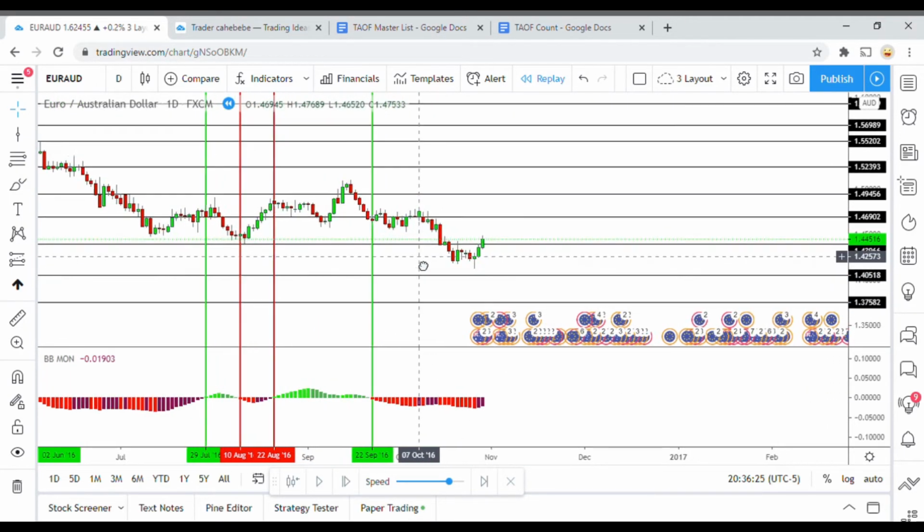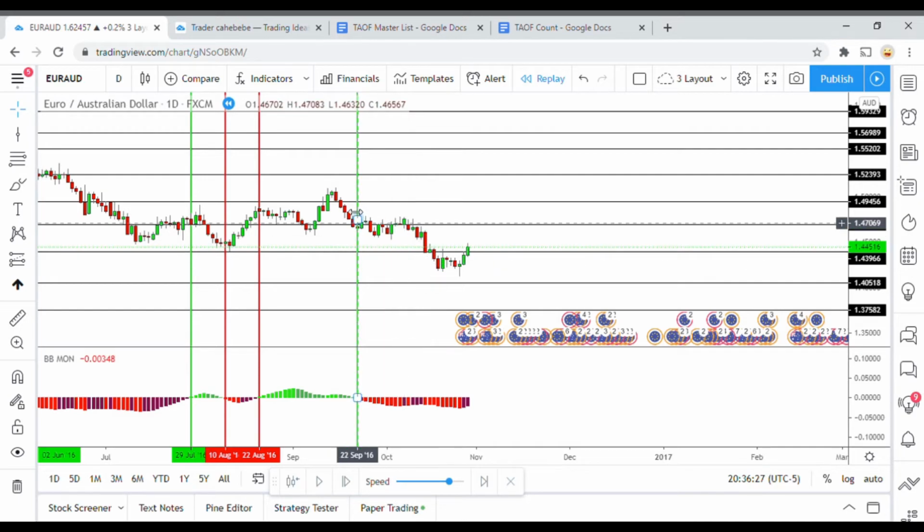Price action is now broke down below this area. It hasn't made a strong push down at this point, which is why I don't really like this setup. But this kind of price action right here is very telling of a reversal type move. Again, we saw it back over here on the other side.